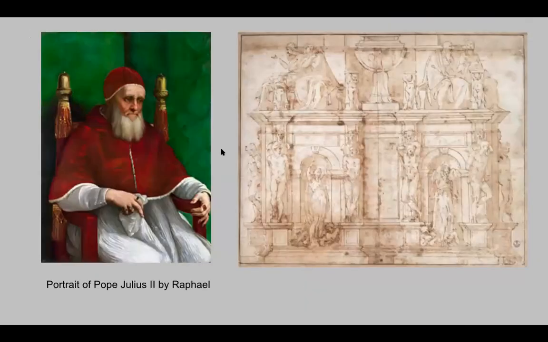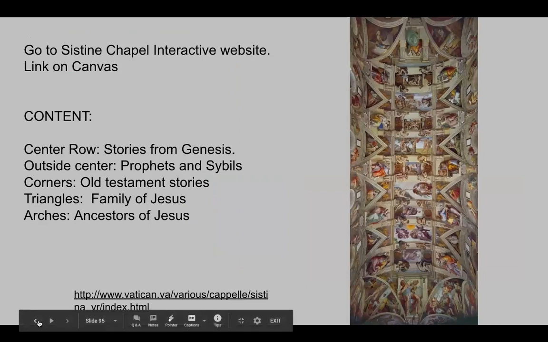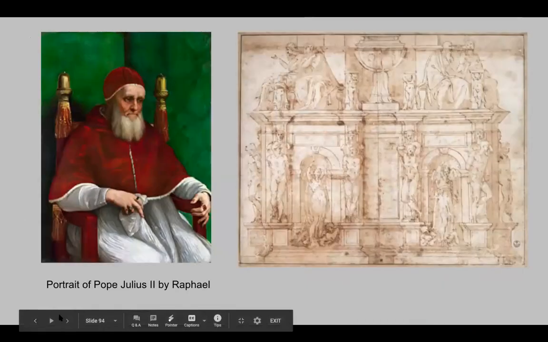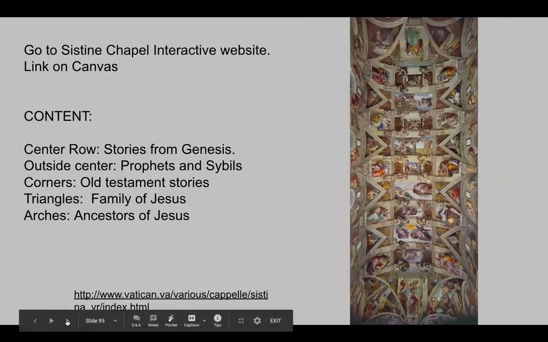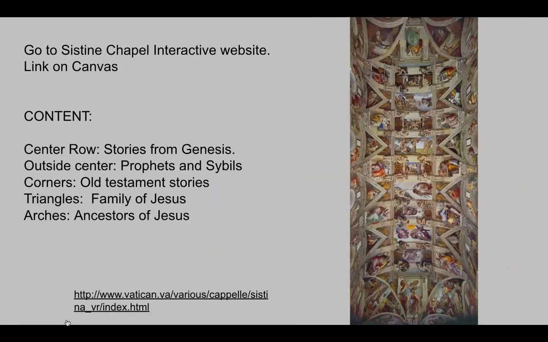So, like I said, Julius commissions the tomb, and then he does this. This is an interactive website that you can go to if you want to see each of these panels close up. Thinking about the content of that ceiling, in the center row, we have stories of Genesis.